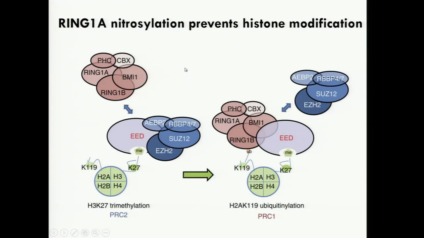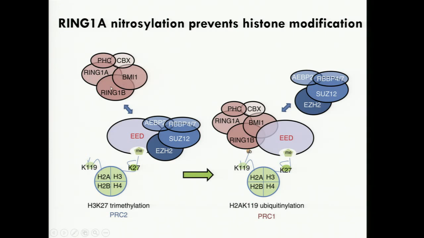But to make a long story short, so we can move on to the journal club, what Shu has found is that this polycomb complex, which includes this Ring1A protein that holds the polycomb complex together, is markedly affected by nitrosylation by iNOS. So this complex is important for suppressing chromatin.